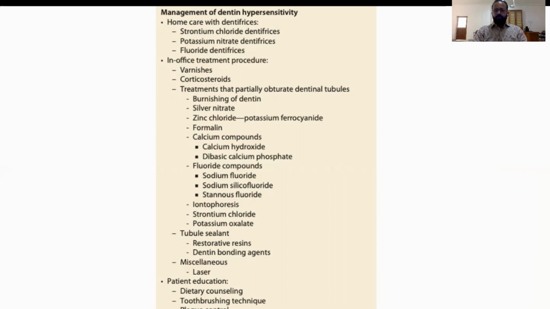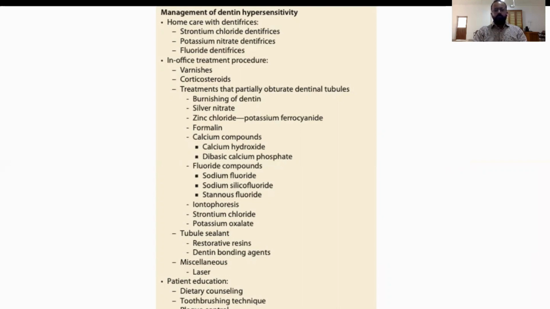Treatments that aim to partially obturate the dentinal tubules are burnishing of dentine, silver nitrate, zinc chloride, formalin, calcium-containing compounds like calcium hydroxide and dibasic calcium phosphate, and fluoride compounds like sodium fluoride, sodium silicofluoride, and stannous fluoride, or by means of iontophoresis, as well as potassium oxalate.